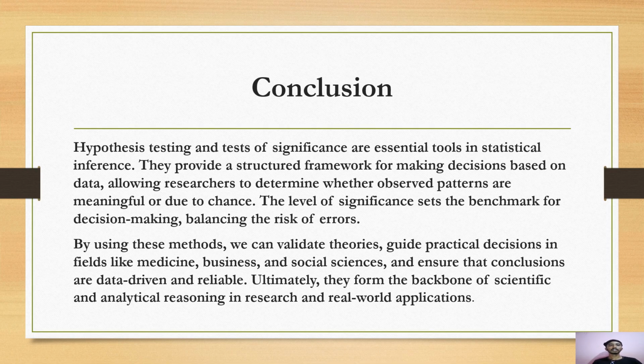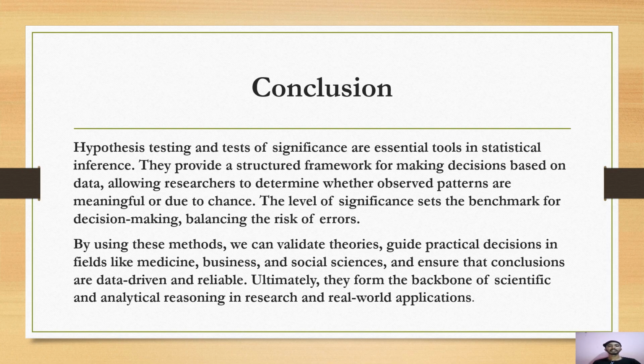Conclusion: hypothesis testing and tests of significance are essential tools in statistical inference. They provide a structured framework for making decisions based on data, allowing researchers to determine whether observed patterns are meaningful or due to chance. The level of significance sets the benchmark for decision making, balancing the risk of errors.